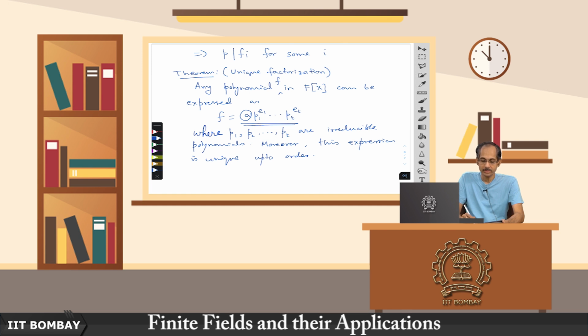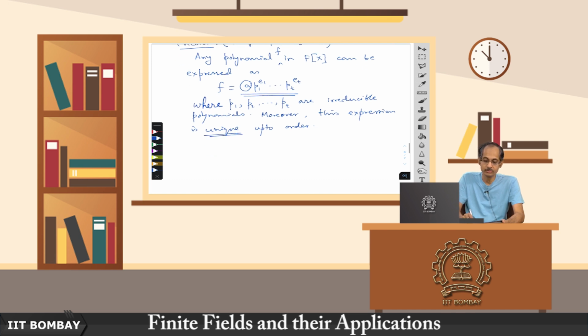Now, the interesting part is also the uniqueness. If you have two different expressions of the same form, that is a p1^e1 ... pt^et is the same as b q1^alpha1 ... qs^alphas for the same polynomial, then one can easily see that, suppose p1 has a positive exponent on the left hand side, then p1 divides the left hand side. So, p1 must divide the right hand side also.